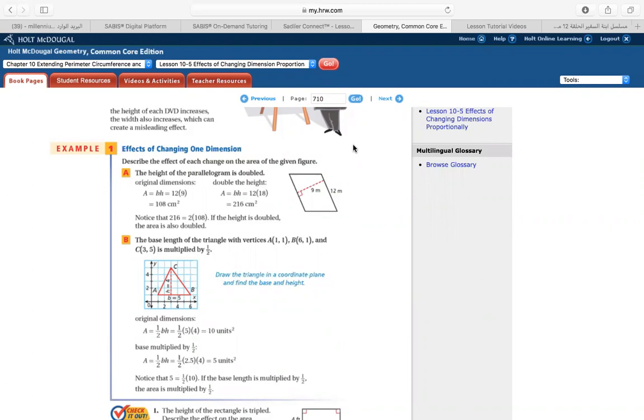We also have some expressions you have to know, like double and triple. Of course, you know, but I want to refresh it. Double means you multiply by 2, and triple means you multiply by 3. So if you find double the height, for example, you're going to multiply by 2. Triple the height, you're going to multiply by 3.